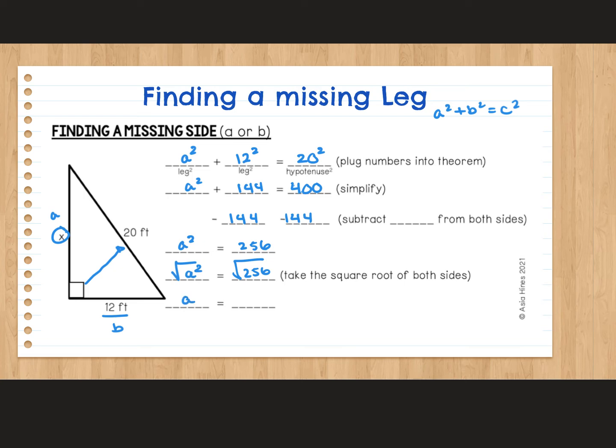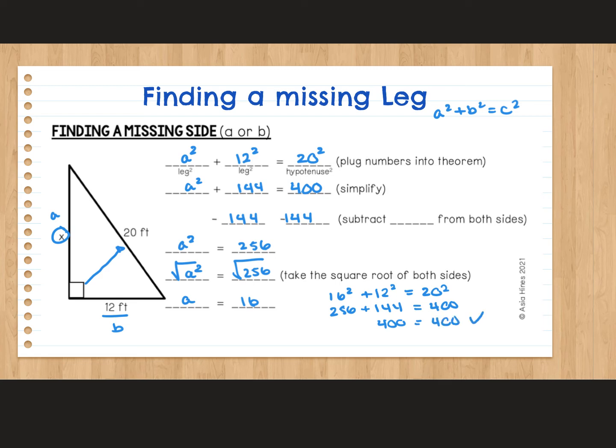So we get that a is equal to 16. So let's test this out. So I have 16 squared plus 12 squared is equal to 20 squared. So we have 256 plus 144 is equal to 400. And when we add those together, we get 400.